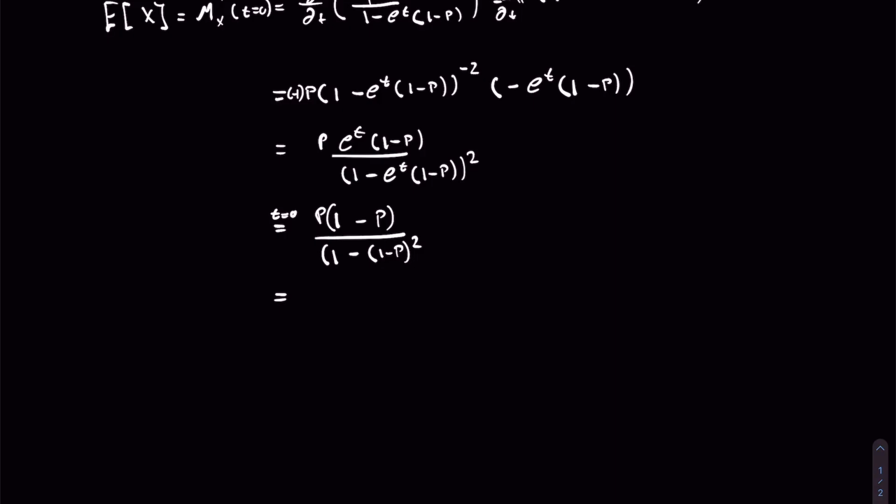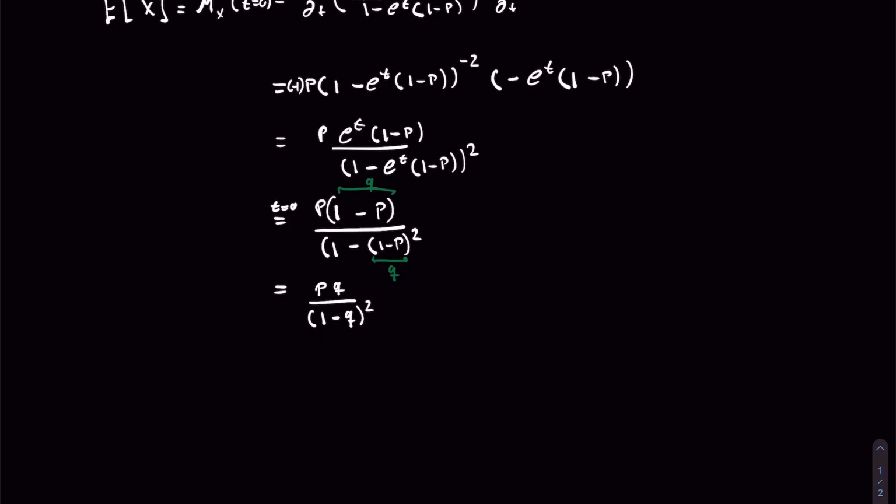So what we have here is that this is obviously q, and that is obviously q here. So what we have is p q over 1 minus q squared, and now this 1 minus q is p.